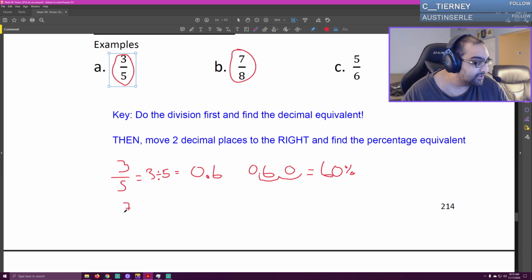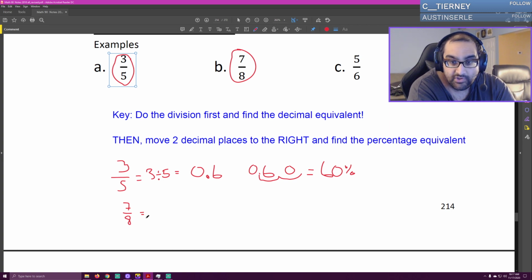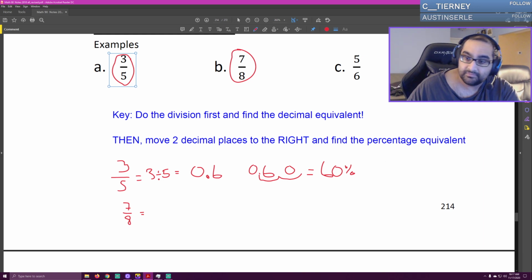Again, if you want to use the calculator for this, that's perfectly fine. Now, let's use 7/8. What is 7/8 as a decimal?